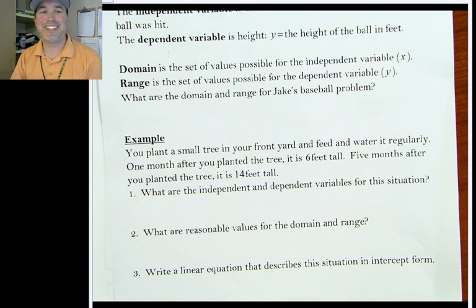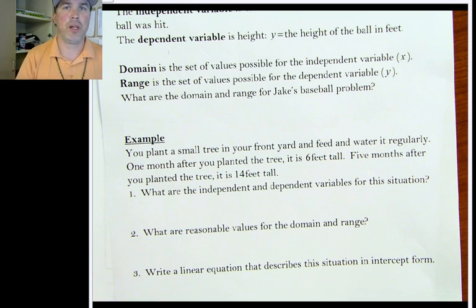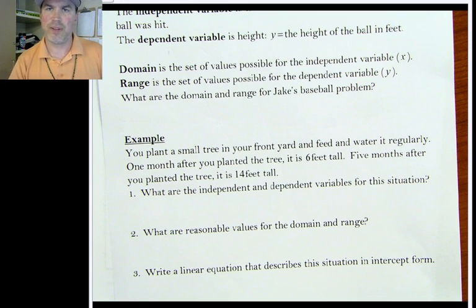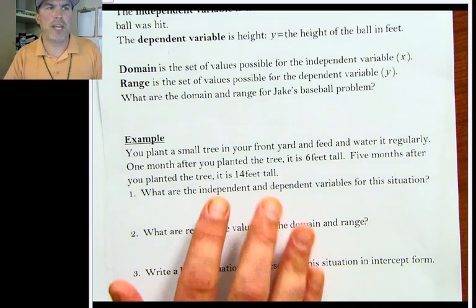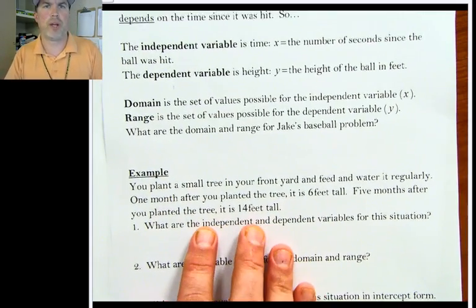In 10 seconds, I am going to start working through this example. So pause this now, and once you're done trying this out, play it again, and you can watch me work through this example. Or you could work through this example with me. You could watch me do it afterwards, and then you do the example on your own. Whatever you think would make this lesson work for you. Try it out.